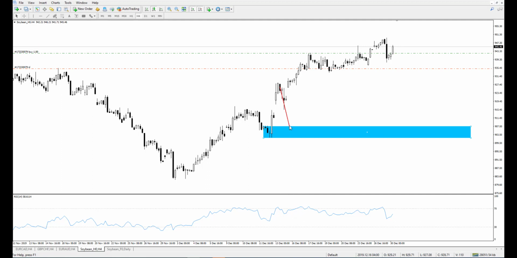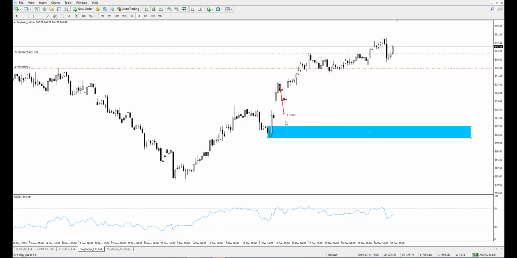Then you can apply the divergence. You can't apply it here because, well, I don't know if that is a level for the supply and demand community, but if it is, then yes, you'll be looking here. I'm using this as an example because this is what I remember from supply and demand. So we have a drop, base, and a rally.